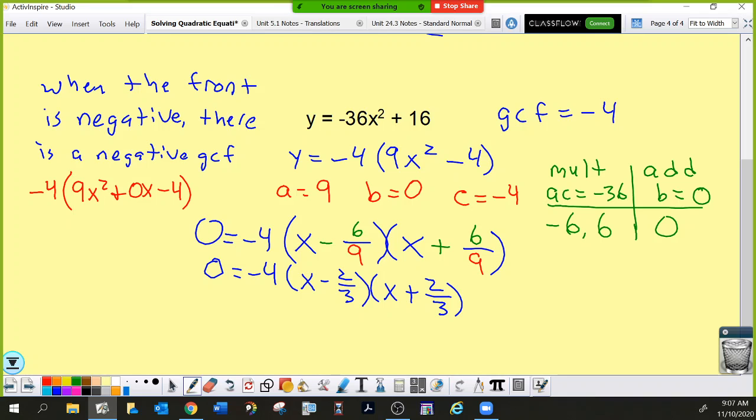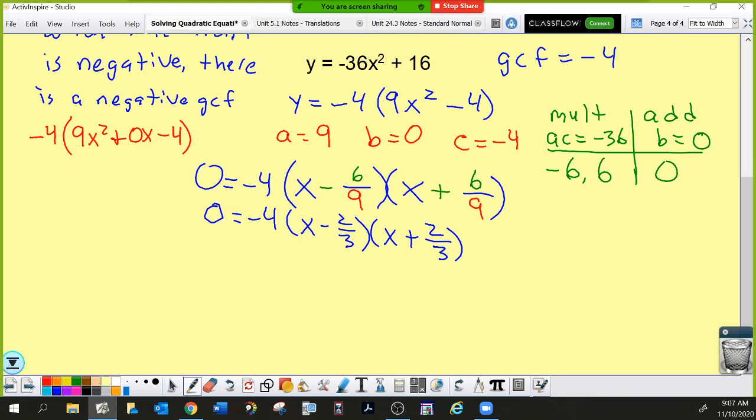Remember, if I was telling you to factor, you wouldn't be finished until you move those 3's to the front of the x's. But since we're solving, we can just say what our answers are. Our answers are x equals +2/3 and x equals -2/3. There it is.